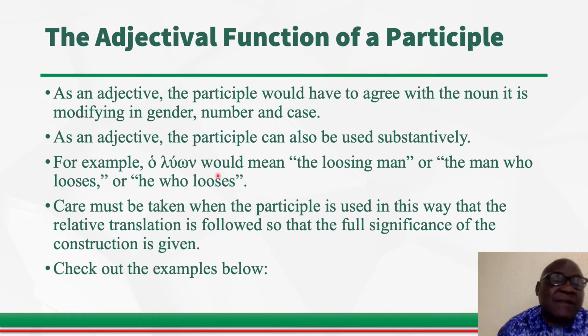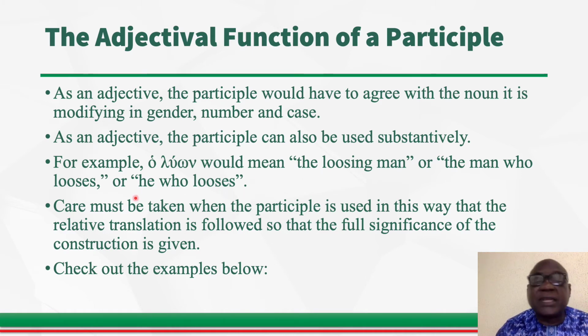Now, in adjectival function, the participle must agree with the noun in gender, number, and case. So let's take a look at this. O luon. Now this is masculine, singular. So the losing man, or the man who loses, or he who loses.